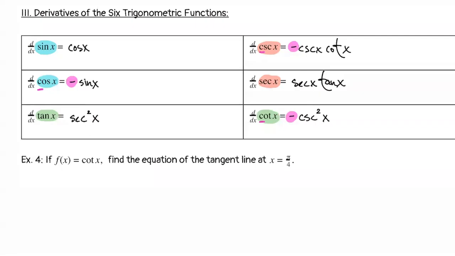Okay. And so one thing that students noticed about this was that this function, cosecant, is actually in its derivative, and secant is also in its derivative. Okay.